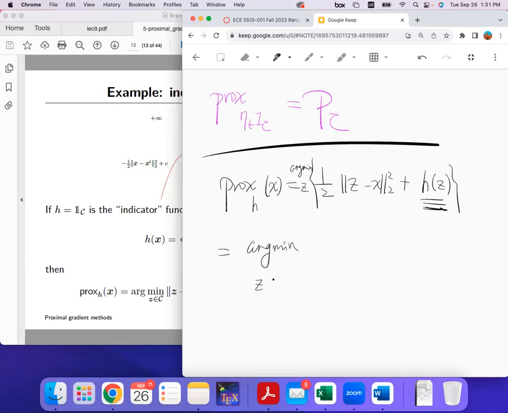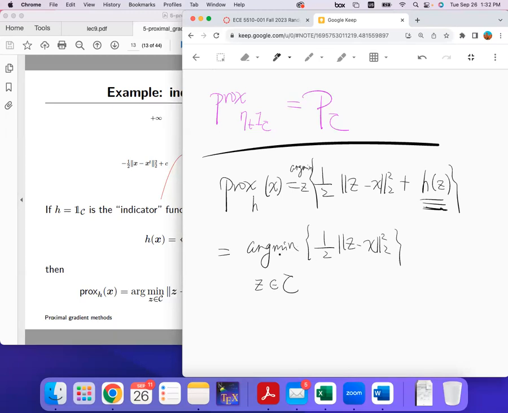where now I'm restricting my Z onto C. And then I can just consider this term only, because H is the indicator.